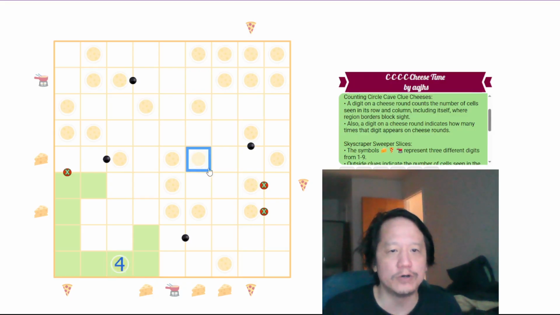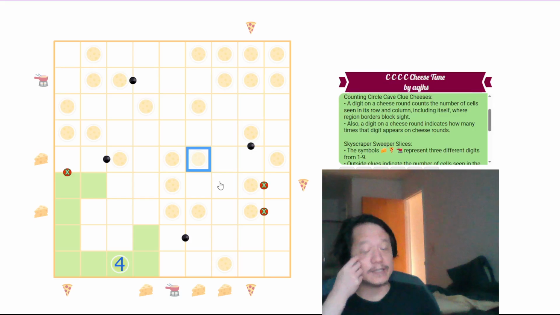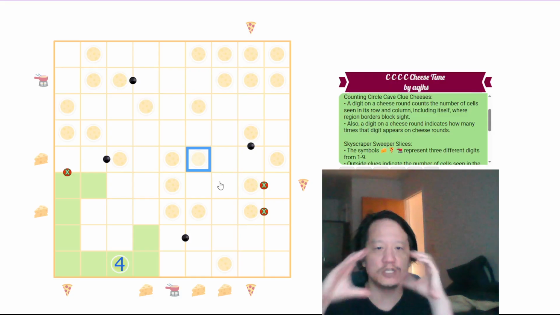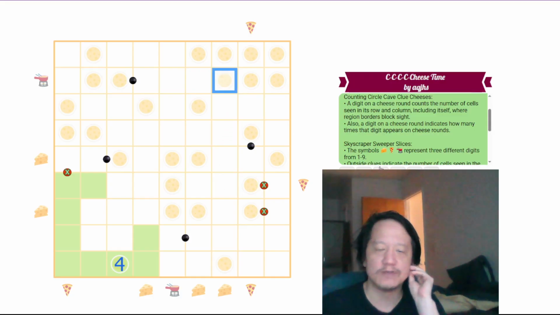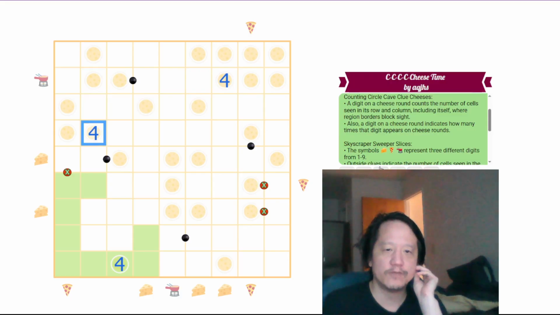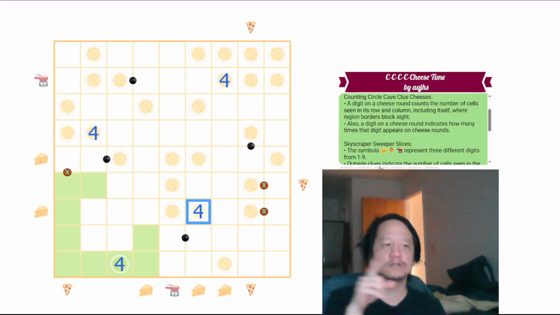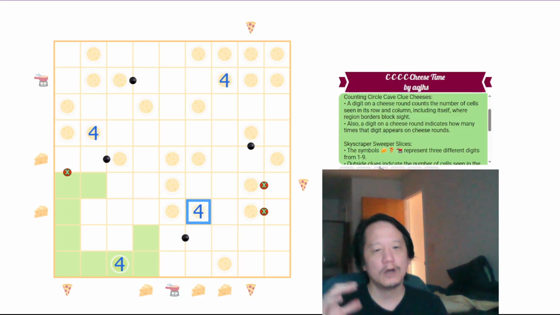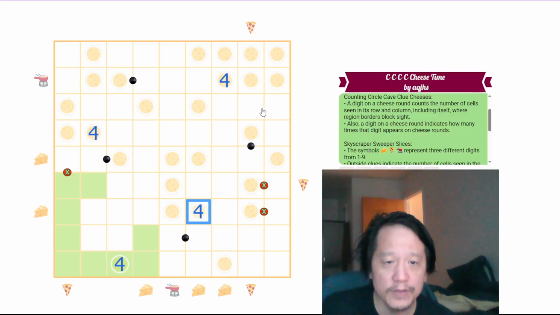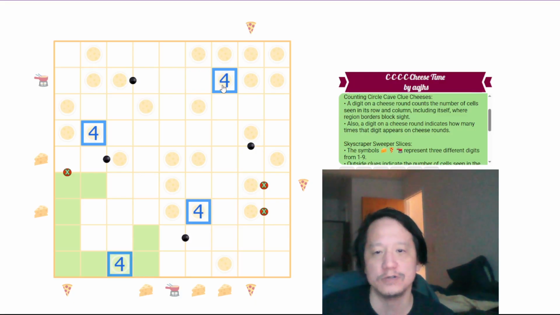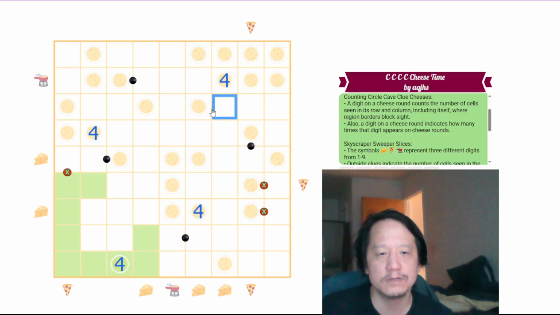That 4 would also translate to there being 4 4s in these round cheese blocks, right? So we could have a 4 here, a 4 here, and a 4 here. And if none of the other cheese circles are 4, then this is valid because we have 4 4s in cheese circles. So that's how these rounded cheese circles work.